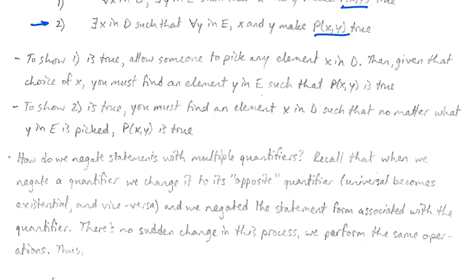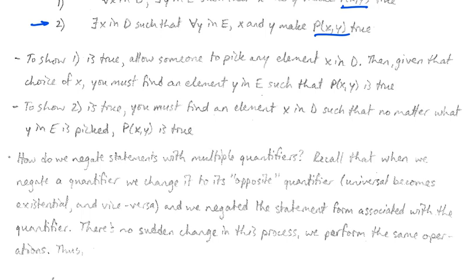So we change the quantifier to its opposite, and then we take the negative of the statement form that is associated with that quantifier. And within that statement form, you have predicates.